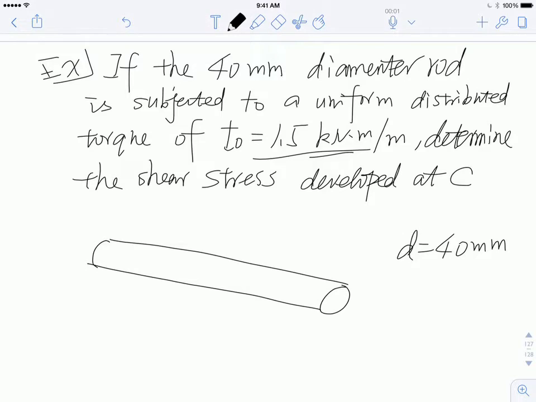There's a special point C, right in the middle, on the outside of this radius. The distance from here to here, and here to here, is 300 millimeters apiece, so each one is 300. Then this point C is all the way on the outside of the radius.